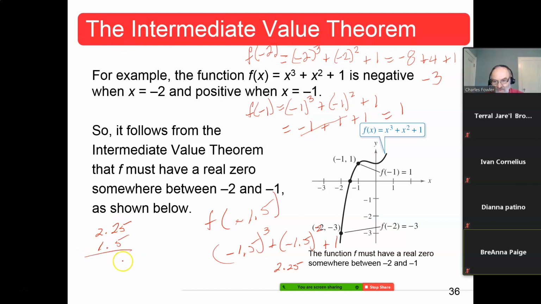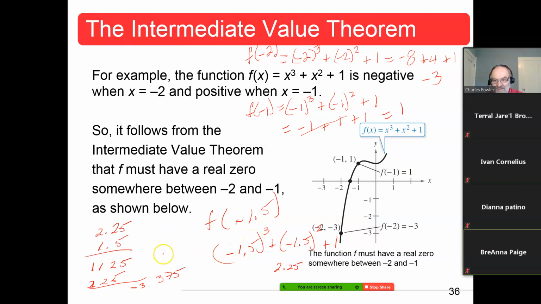Multiply those together, add those together, you get 3.375. And that's going to be negative because a negative cubed is negative.